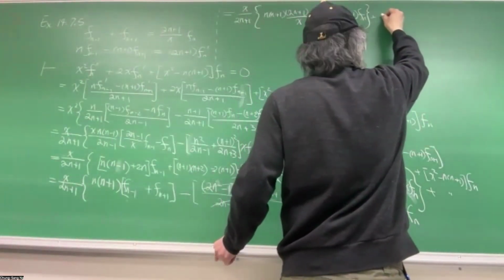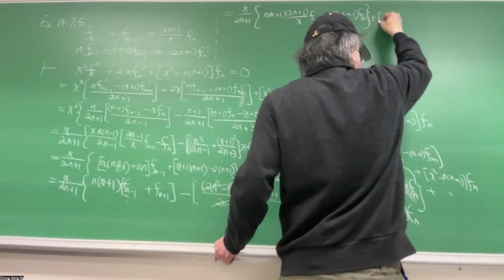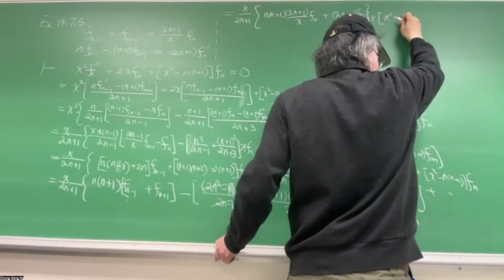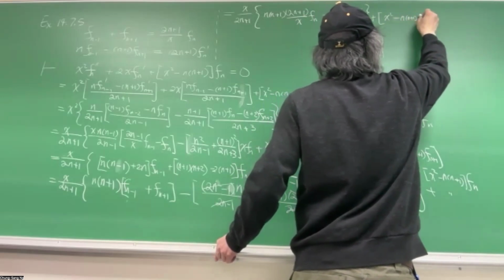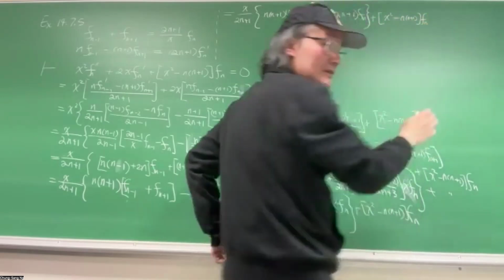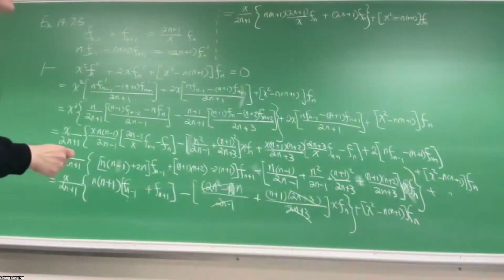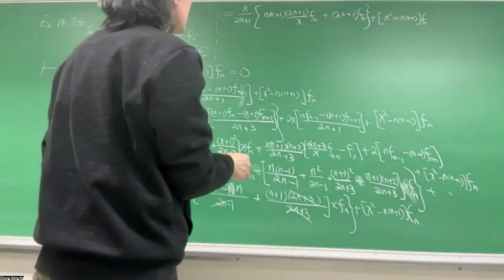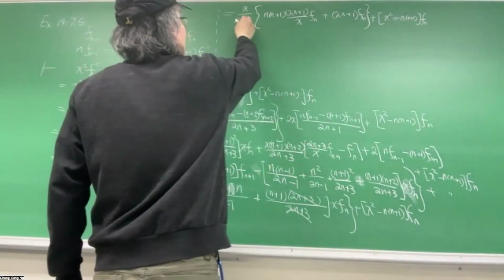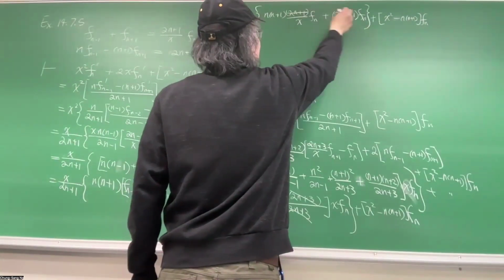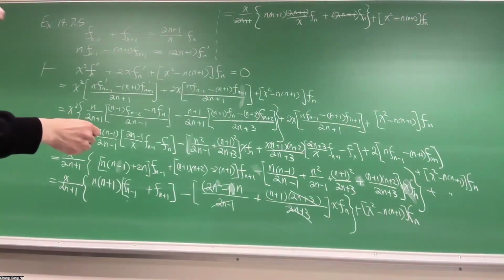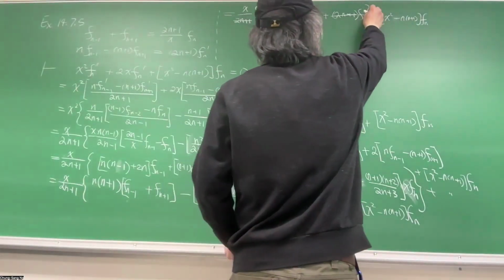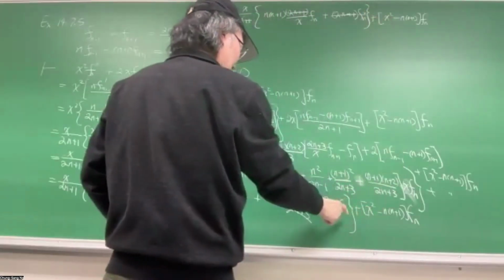The rest is x squared minus n plus 1. Right. Okay. Now you see that 2n plus 1 cancels. Oh, I forgot this x. There's an x here.